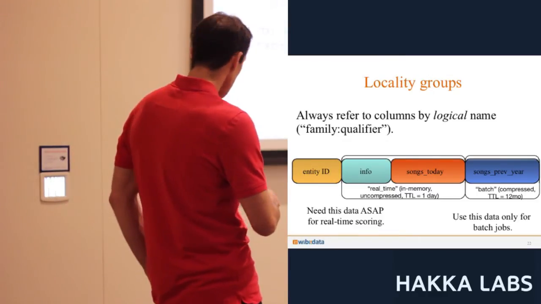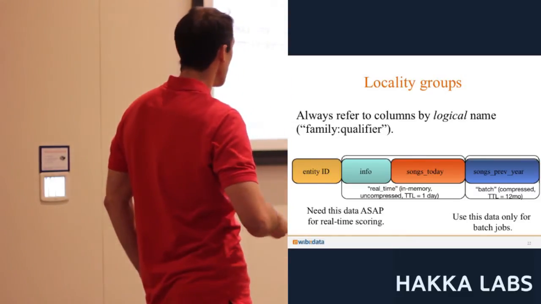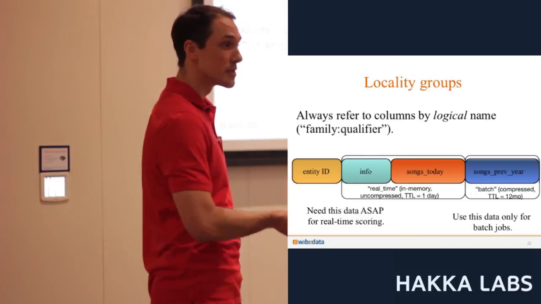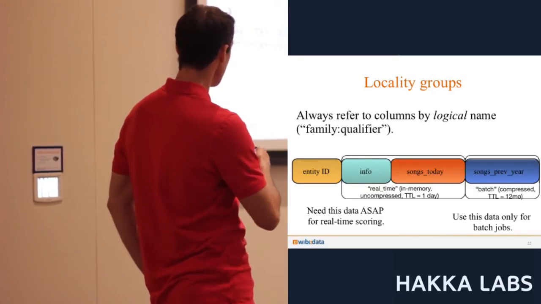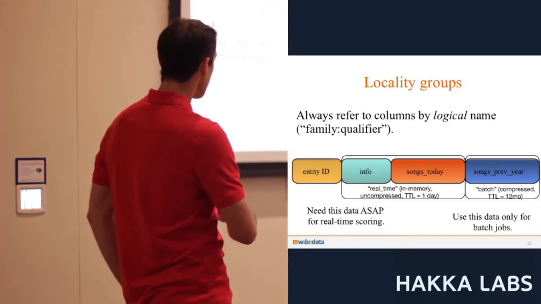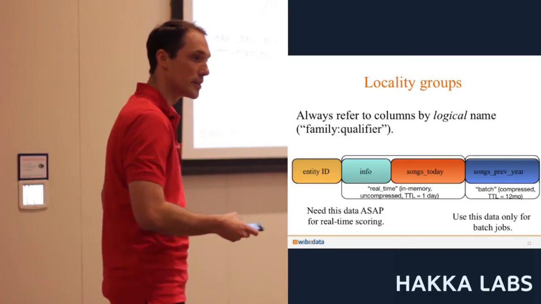So in our case here, we might separate these three different column families. You can put more than one column family into a locality group. In this example, I've just chosen a one-to-one mapping. But we could put these three column families into different locality groups and then set some options for whether we want it to be compressed, cached, and so on.